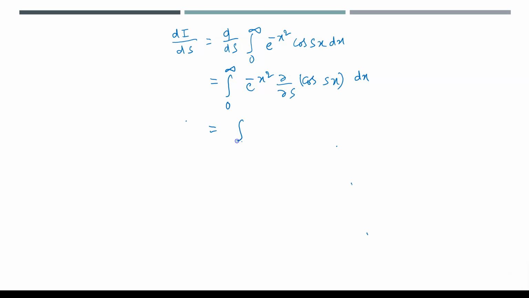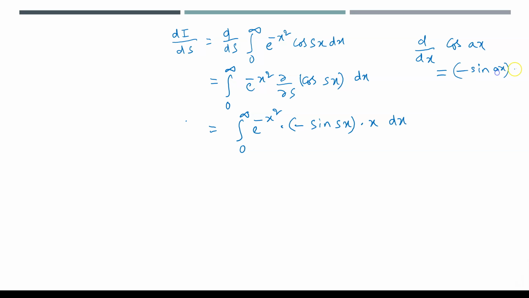Which is equal to integral 0 to infinity e power minus x square, and the derivative of cos sx with respect to s is minus sin sx into x. Here the derivative of cos ax is minus sin ax into a. So according to this formula we are differentiating with respect to s. That's why here we got minus sin sx into x dx.